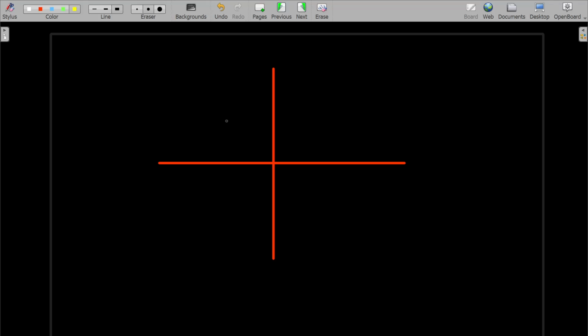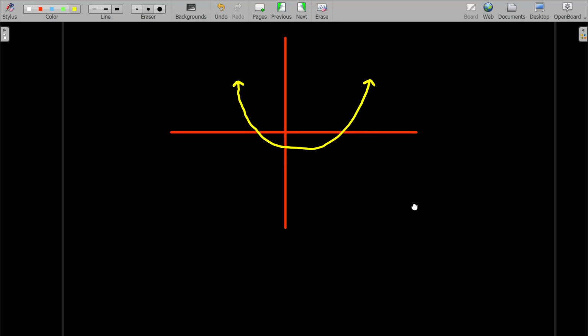One is this. Let's say this is the graph of f of x, which just tells us that this is a function. But this is one graph, and I'm going to draw another graph.